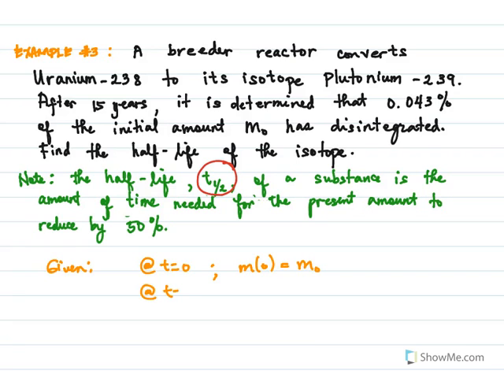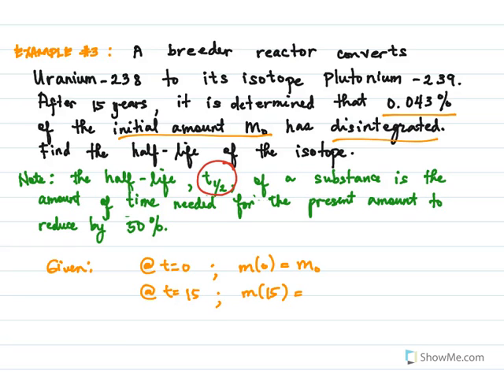And then at time equal to 15 years, m of 15 is equal to what? Dito percentage yung binigay, pero kapag nilagay natin yan as condition, we use decimals. Mind you that what is given after 15 years is 0.043% of the initial amount has disintegrated.